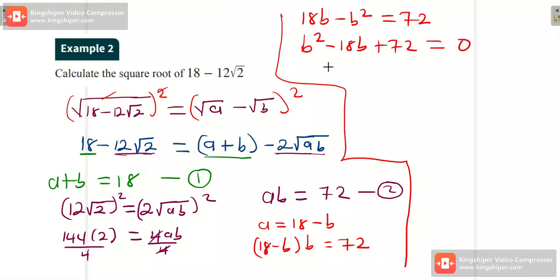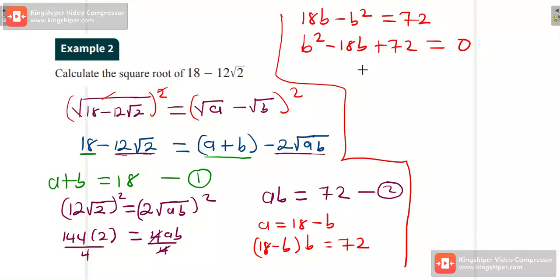So this is also a quadratic trinomial equation. And we can solve it by taking two factors of 72 such that when you multiply, you get the 72, and when you add, you get negative 18.